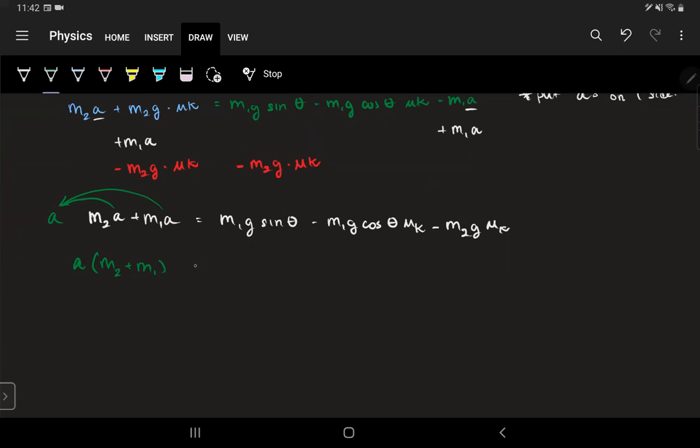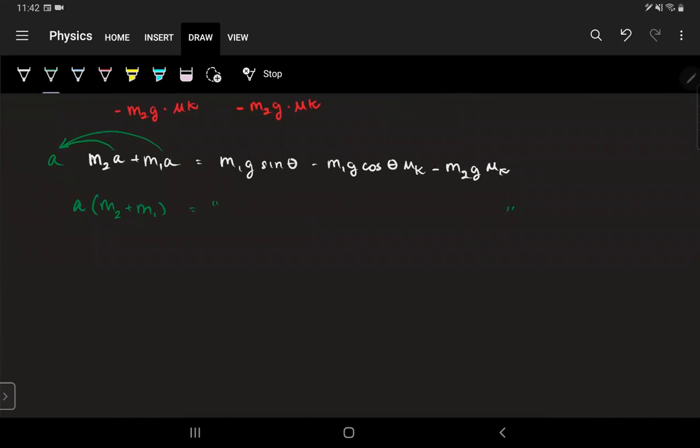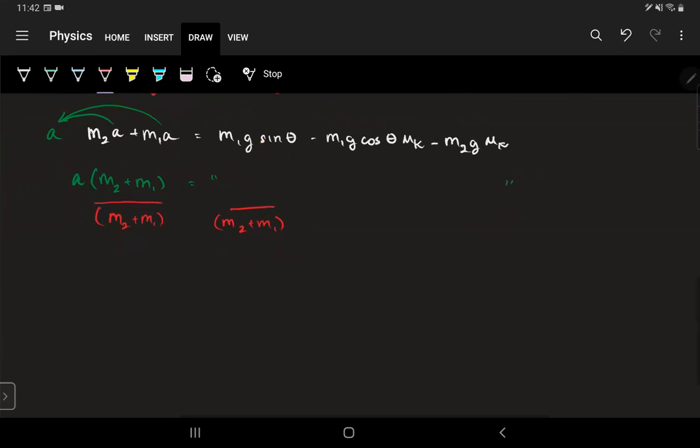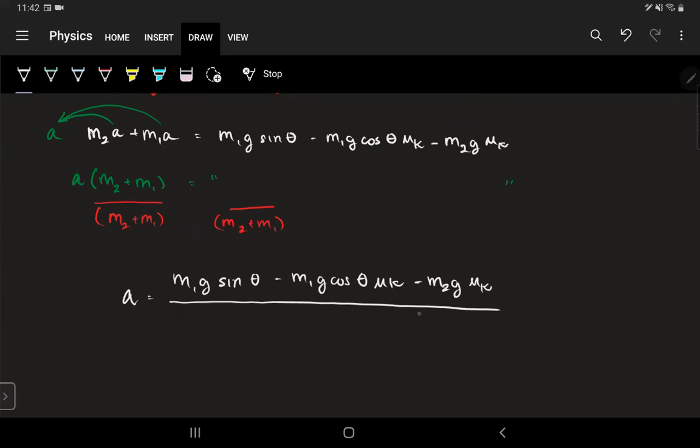I won't rewrite it, so I'm just going to put the double apostrophes to say it's the same thing. Then we divide both sides by the quantity m2 plus m1, and we obtain the answer, which is a equals m1g sine theta minus m1g cosine theta mu k minus m2g mu k, divided by m2 plus m1.